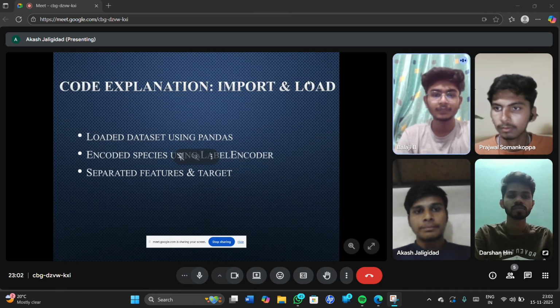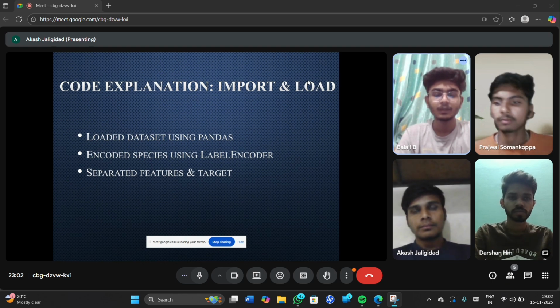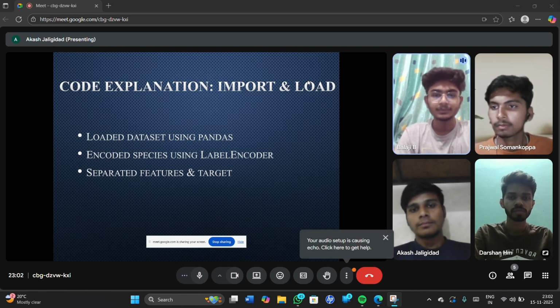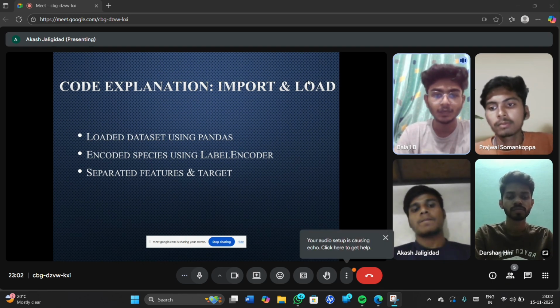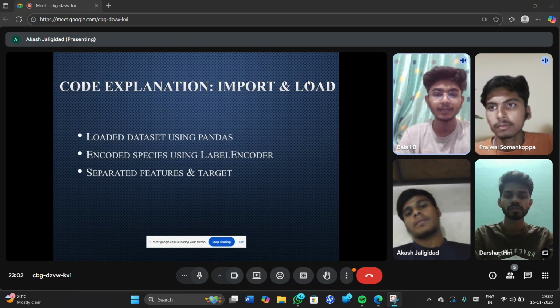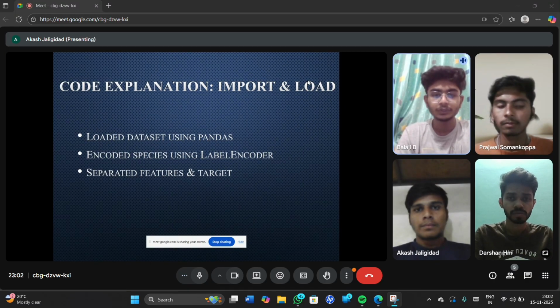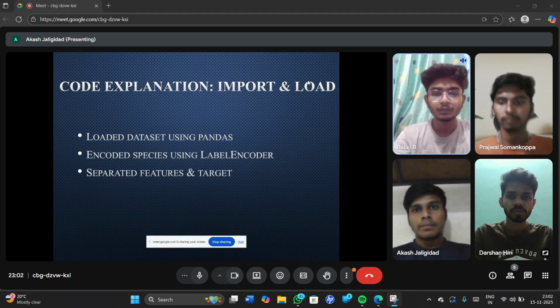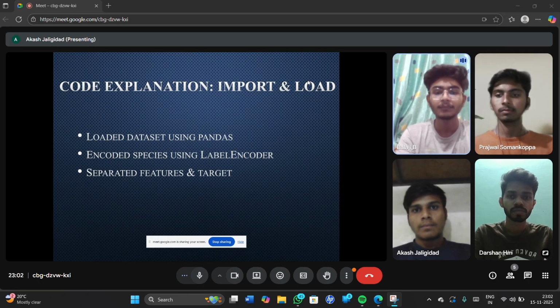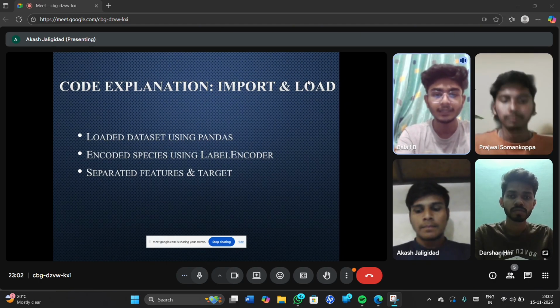So now I'm going to explain the code. The slide describes the preprocessing steps: the dataset is loaded using pandas, then the target variable species is encoded using LabelEncoder, because ML models need numeric labels. Next, features X and target Y are separated for training. This shows the dataset was prepared properly before applying KNN. Here is the code explanation for training the KNN.